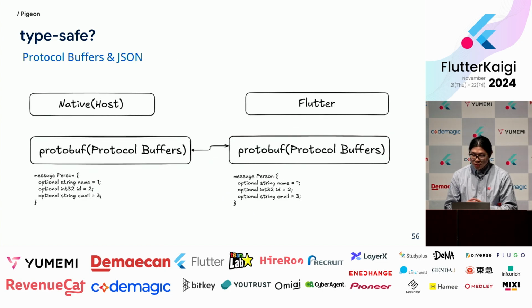To solve these issues, we can either use protocol buffers or just make all the data JSON format. Using protocol buffers helps keep the data consistent across platforms, which makes things a lot easier and more convenient.